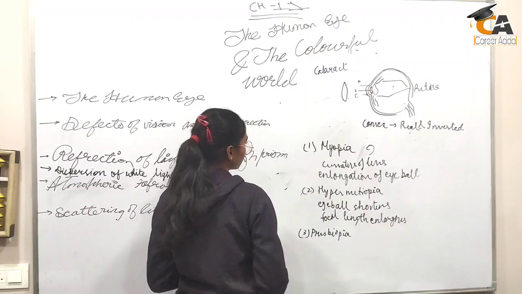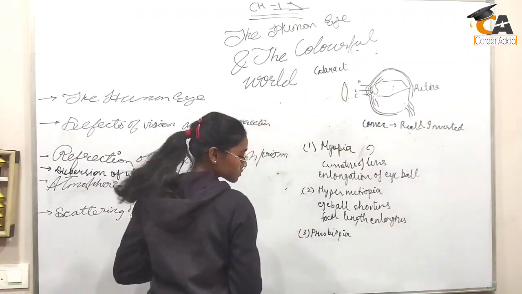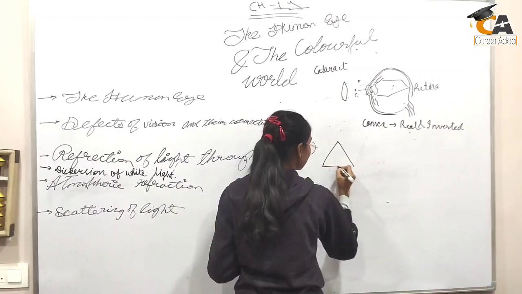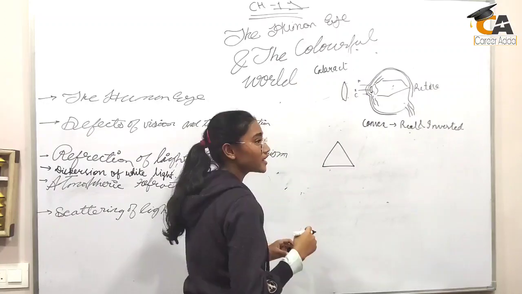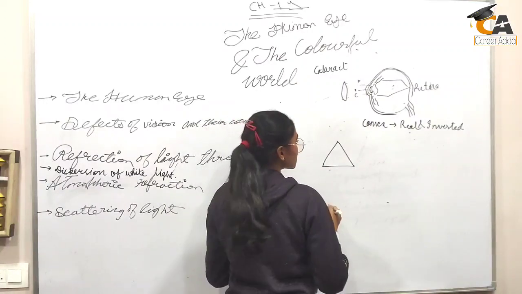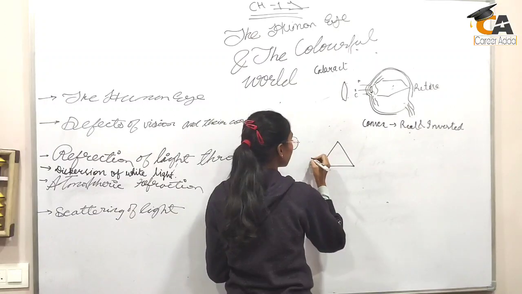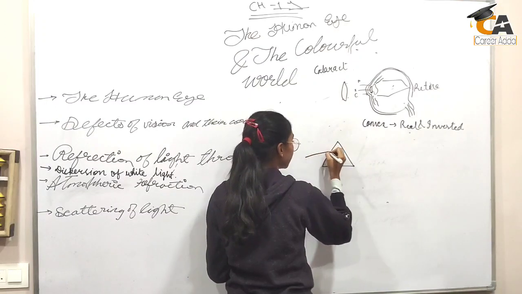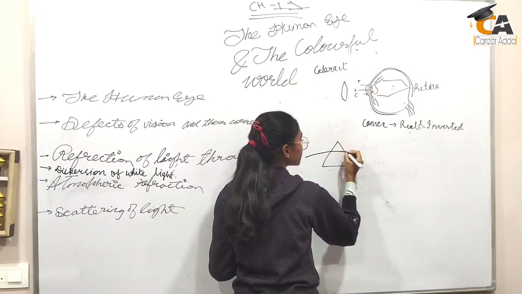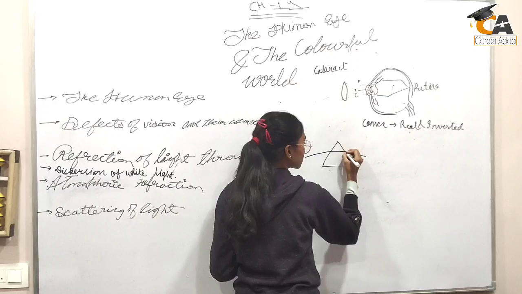Now, refraction of light through a prism. It is a prism. According to Sir Isaac Newton, what did he discover? He said that when white light passes through a prism, it gets dispersed into different colors.